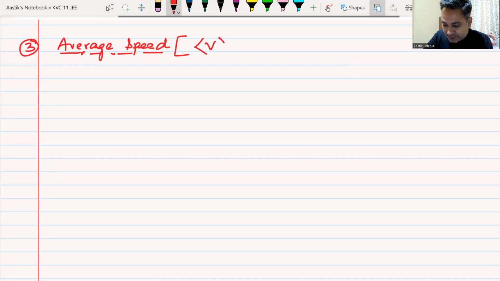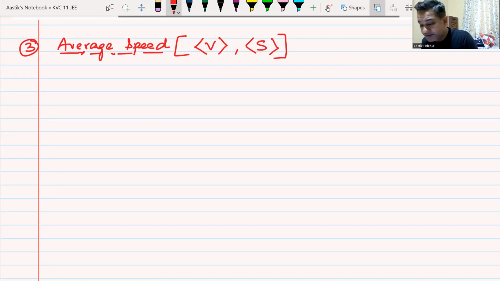Dabba means average. You understand this dabba? Box. So if you use V for speed, a box around V means average speed. I am going to use S for speed. So S in a box means average speed. Do we understand this?